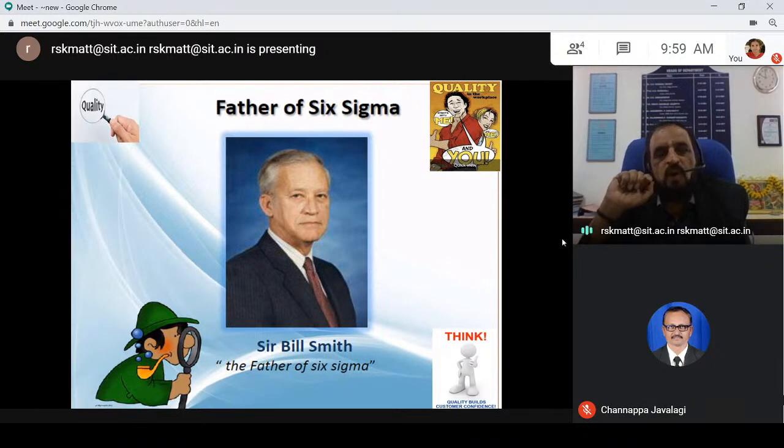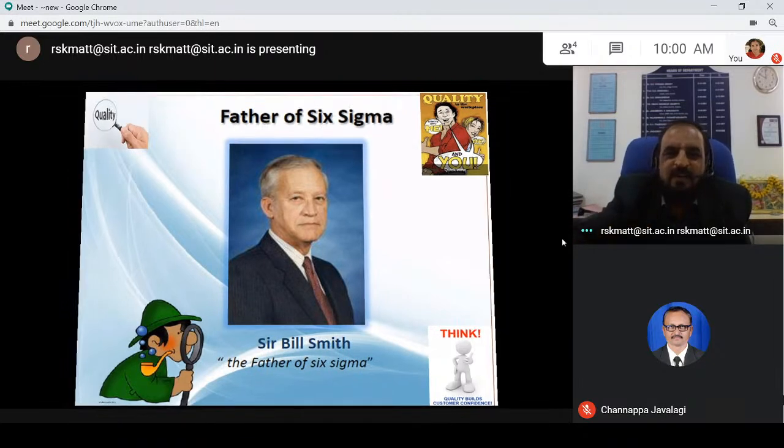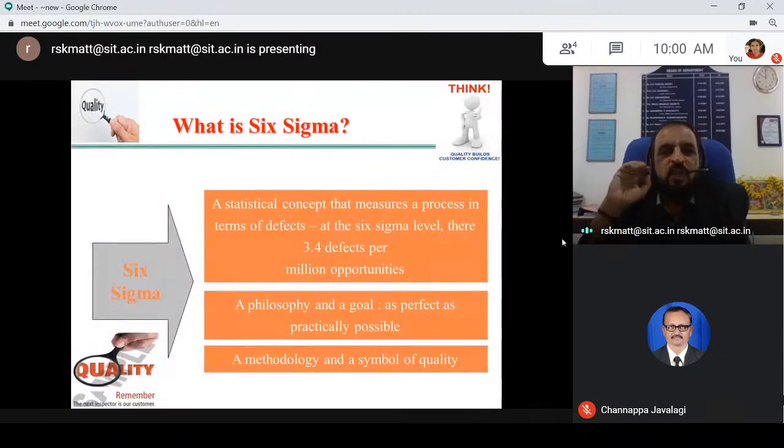As engineers, we should know each and every guru and their contribution to the quality of products. And one more thing, almost all quality gurus lived for nearly 100 years. Oh, it's very surprising. If you adopt certain quality practices in your life, you will definitely also live for 100 years.